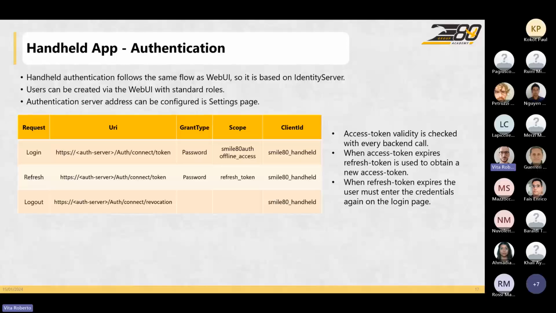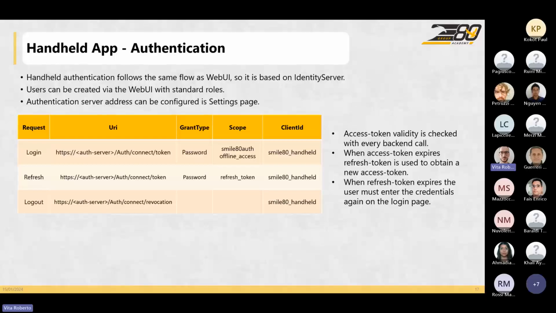This is to separate the client ID from the standard one that we use on the Web UI. So, for example, on site we can customize access and refresh token duration as we want. We could say that access token validity is checked with every backend call. And of course, the refresh token is used to obtain a new access token when the first one expires.